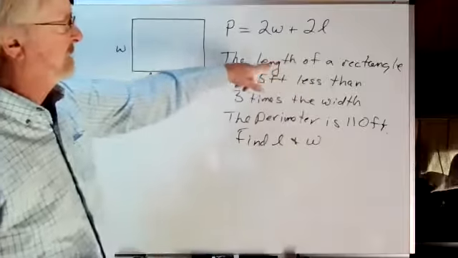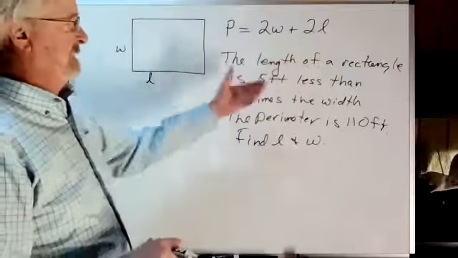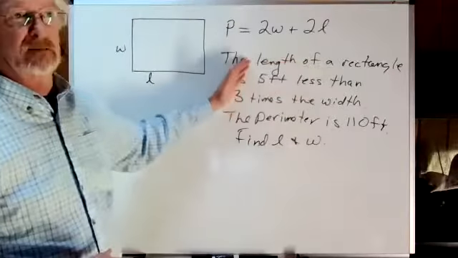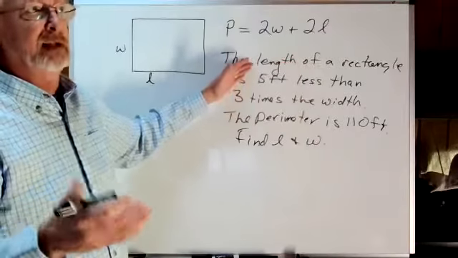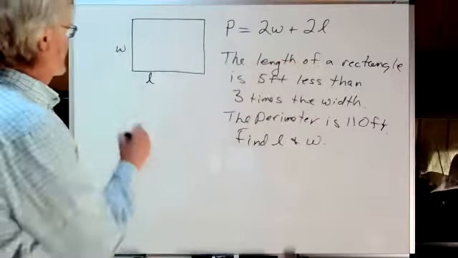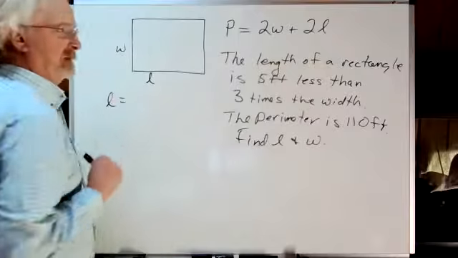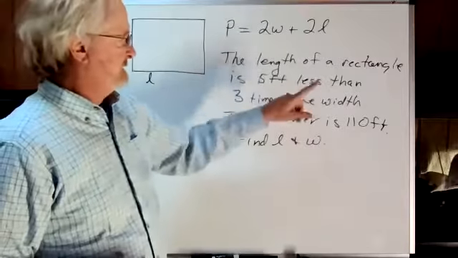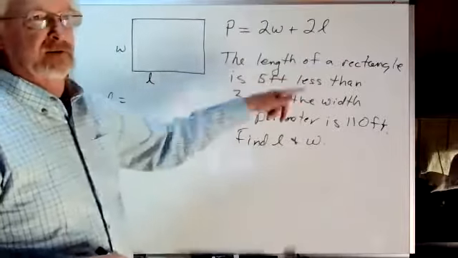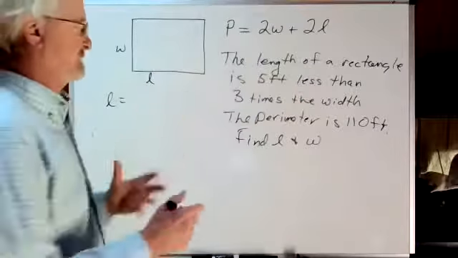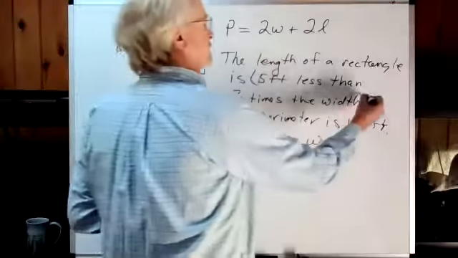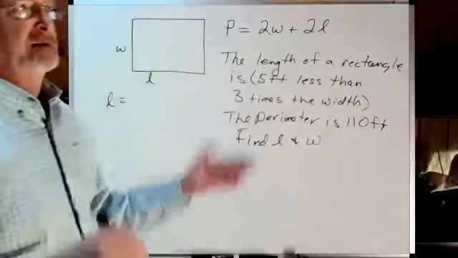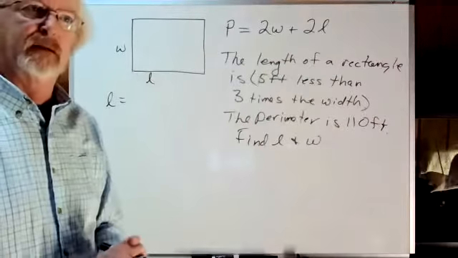Well, the length of a rectangle is. So coming next are the words that are going to describe that length in terms of the width. I know the length is, that's what we're coming up with, 5 feet less than 3 times the width. That's all one idea there. 5 feet less than 3 times the width.